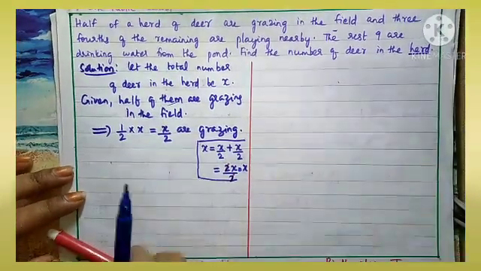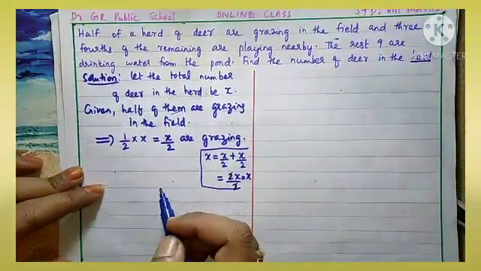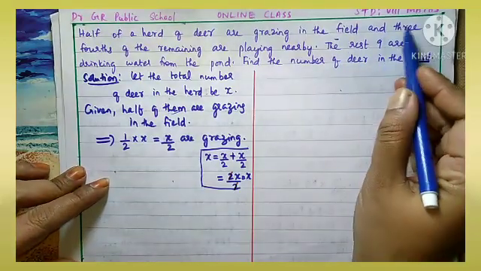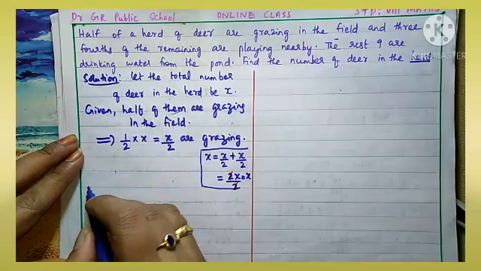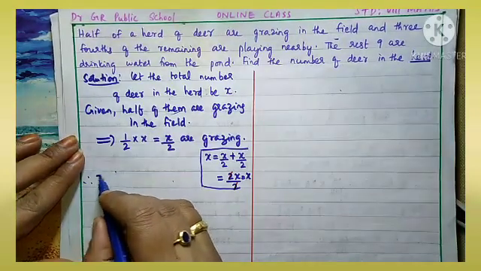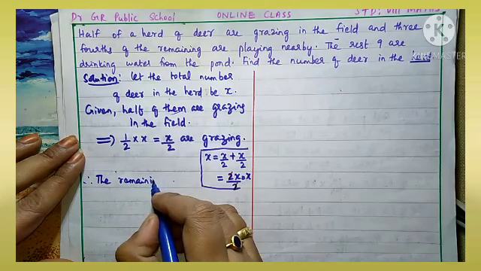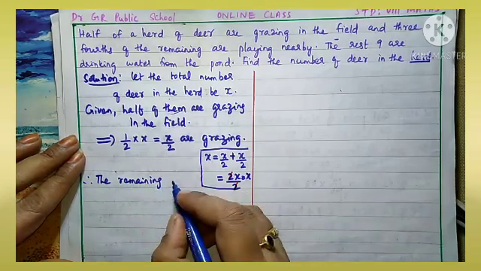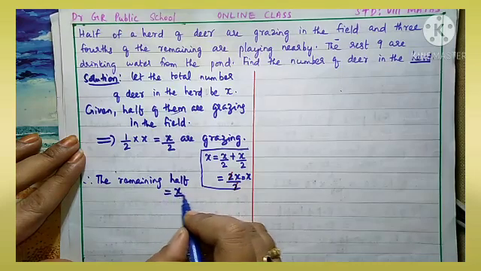Yes. So now we are going to the next remaining half, and what is given? 3/4 of the remaining are playing. So you want to write, therefore the remaining half equals x by 2.